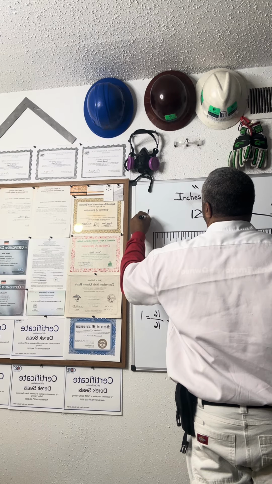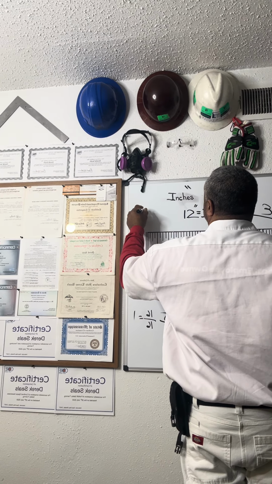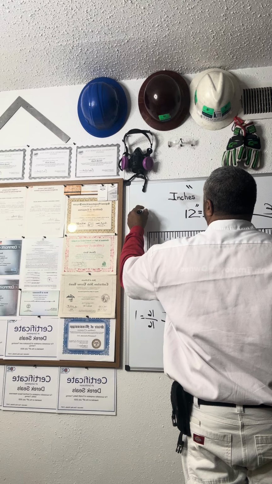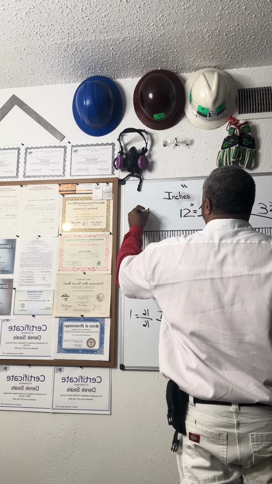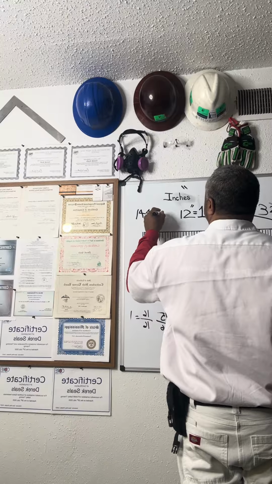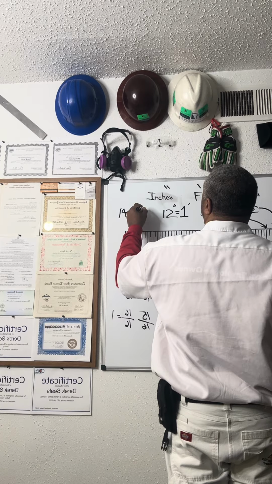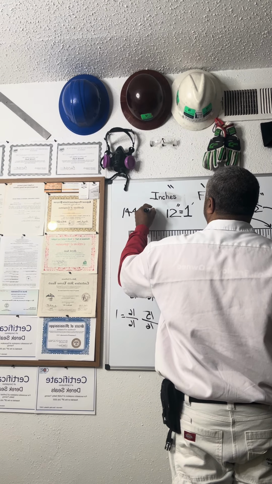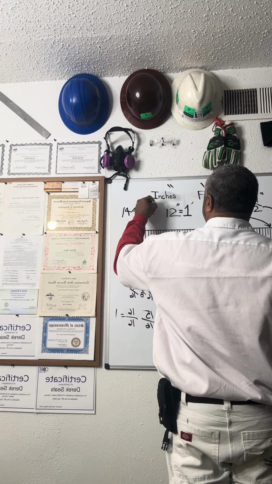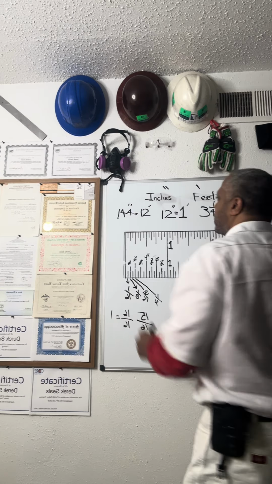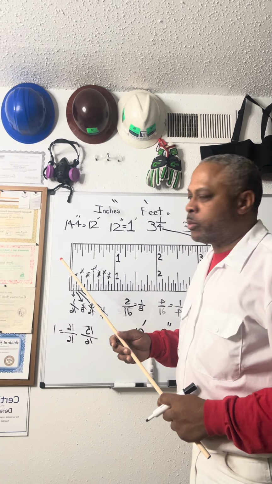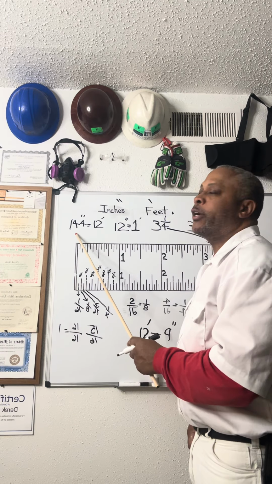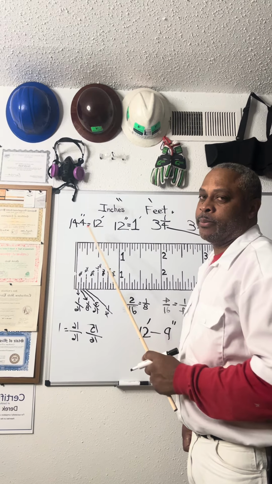Okay, so we got 144 equals 12 feet. Excuse my horrible, backwards writing. 144 inches equals 12 feet.